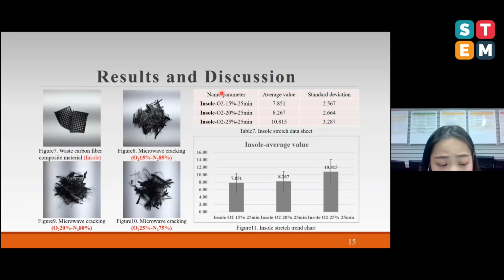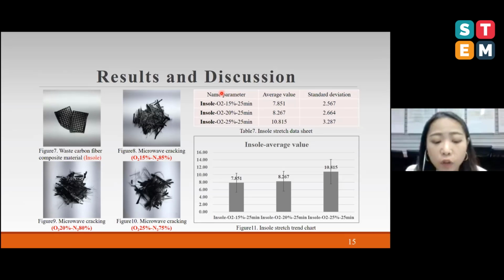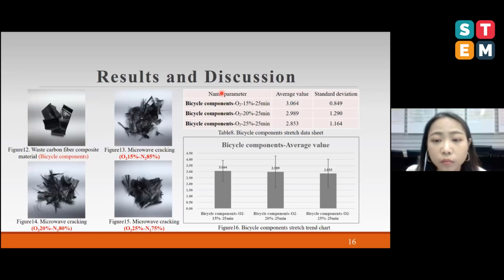In terms of insoles, we can see that the increase in oxygen concentration will increase the strength of the fiber. In terms of bicycle fittings, the fiber strength didn't seem to change much. So I guess the fiber strength was destroyed during the experiment.